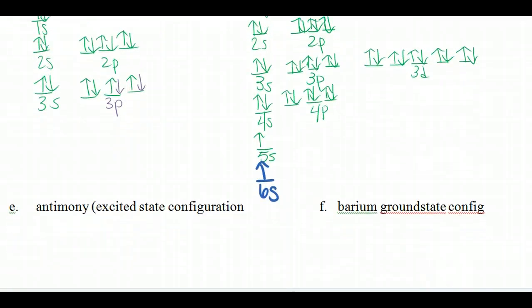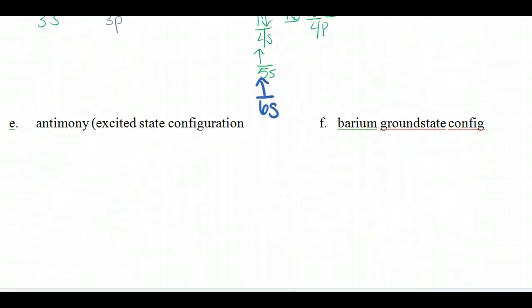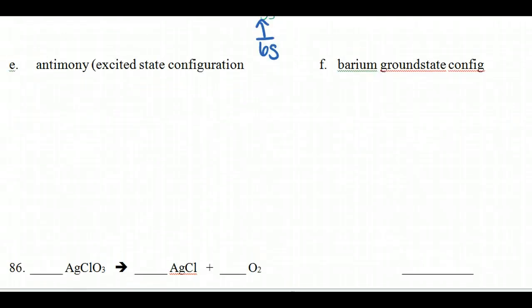Then we've got antimony in its excited state. Okay. And it's just asking for the electron configuration. So we can just get going.